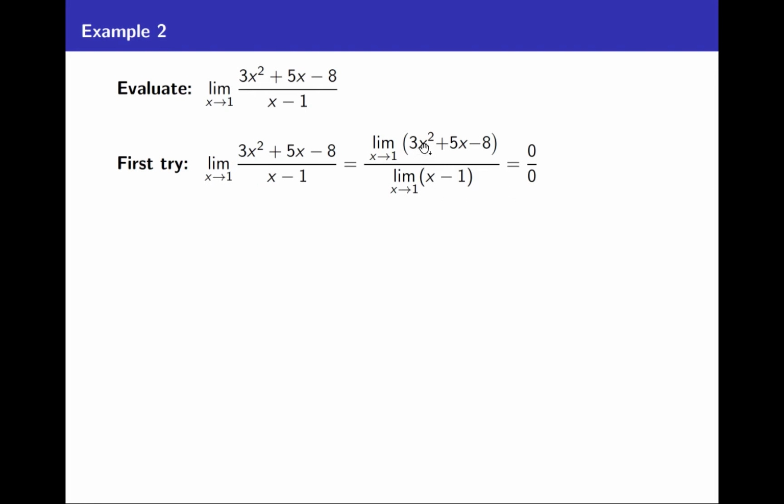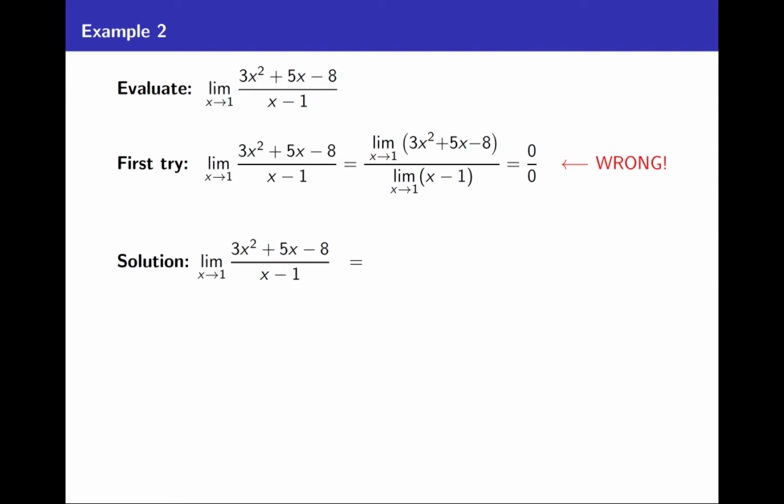On top and bottom, we have the limit as x approaches 1 of a polynomial, so we can just plug in the 1 into each of these functions, getting 0 in each case. Now, clearly that's wrong. 0 over 0 doesn't make any sense. It's not defined. What went wrong? Well, we were wrong in applying the limit law in this step because it doesn't apply. The limit of the bottom function equals 0, so we're dividing by 0.